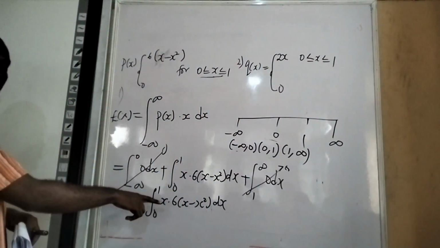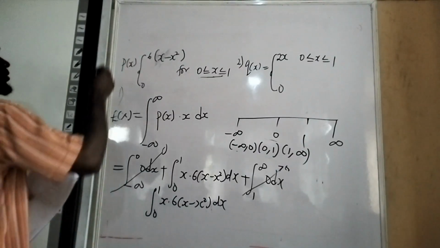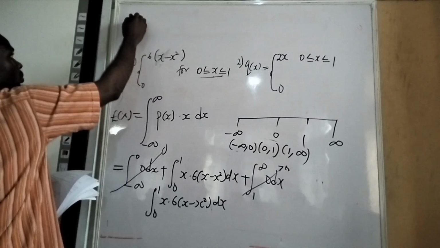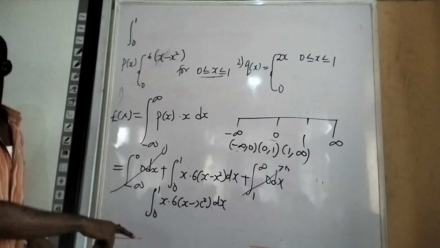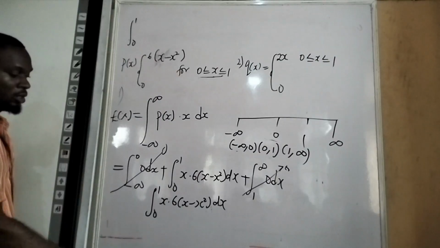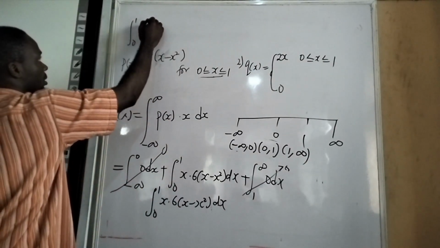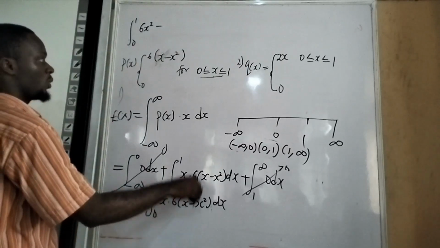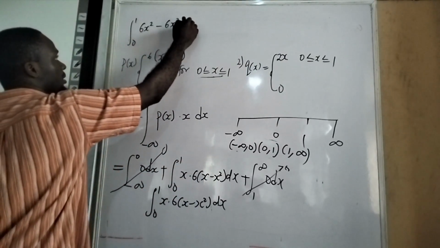For it to be easy, we'll open the bracket first. So we have from 0 to 1, if you send 6x inside, open the bracket: 6x times x, 6x squared, minus 6x times x squared, 6x cubed dx.